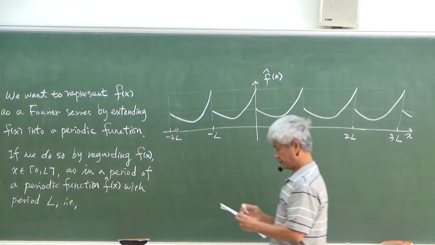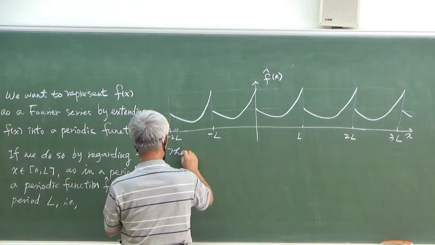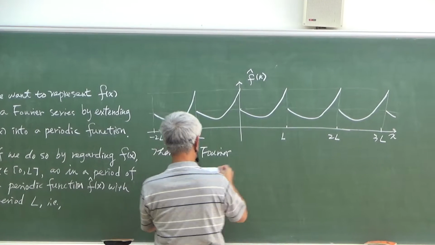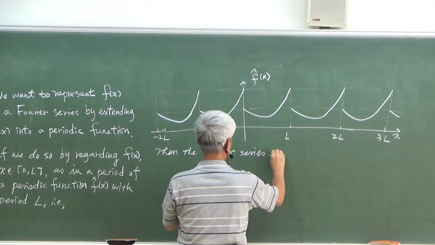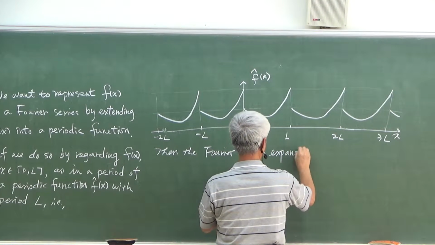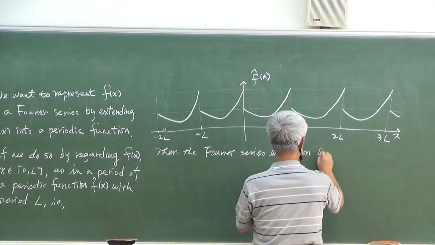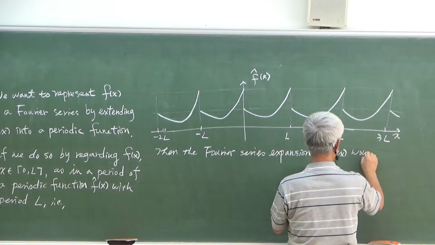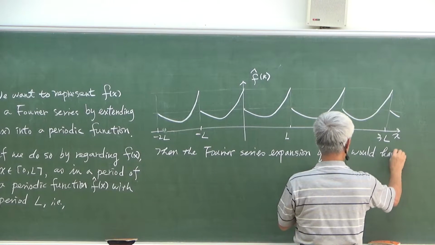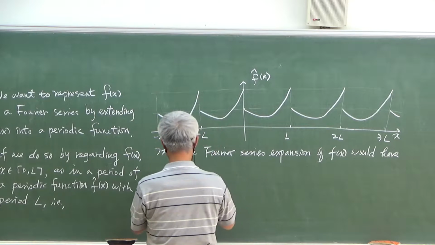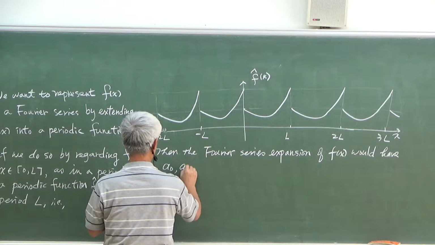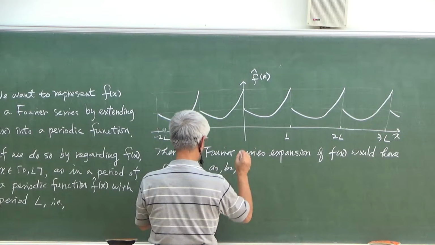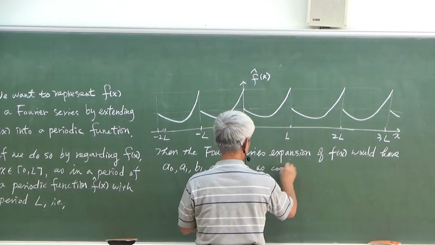Then the Fourier series extension of f of x would have a0, a1, b1, a2, b2, etc. as coefficients.